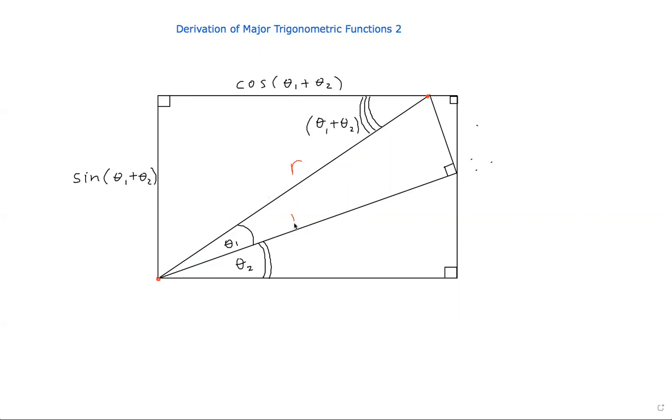So knowing that this is the adjacent side of this right triangle, we know the length of this side of the triangle is R times the cosine of theta 1.